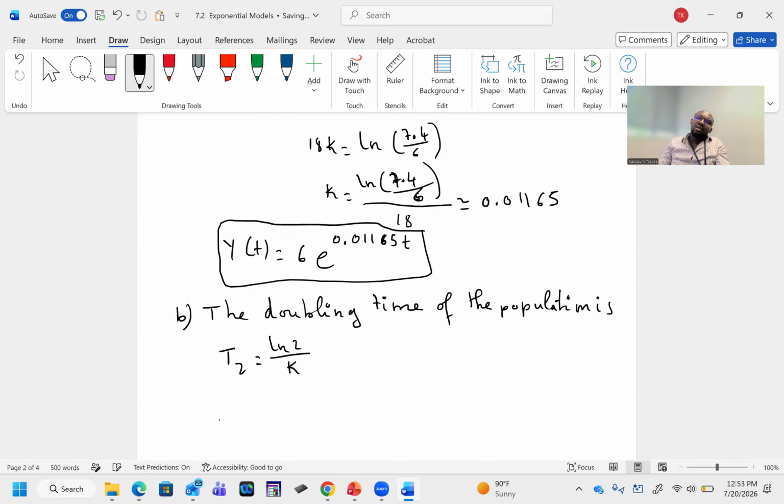You don't need to, because the doubling time is when the population will be 12 billion. So we could just replace y(t) right here by 12 billion and then solve. But since you have this formula, we have k, this answer will just be ln of 2 divided by 0.01165, which is approximately what? Use your calculator. 59.5 years.